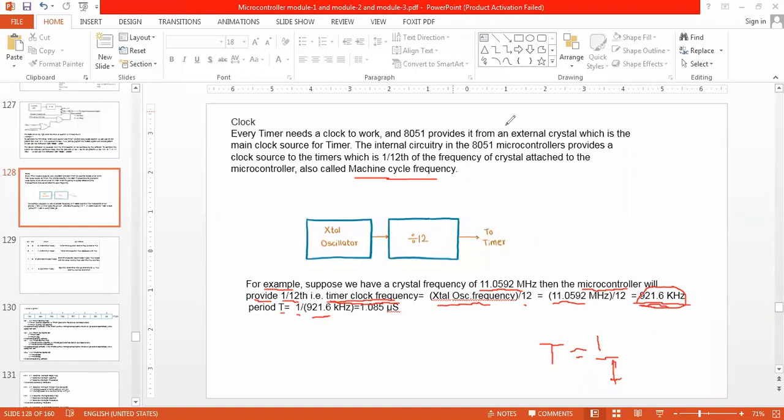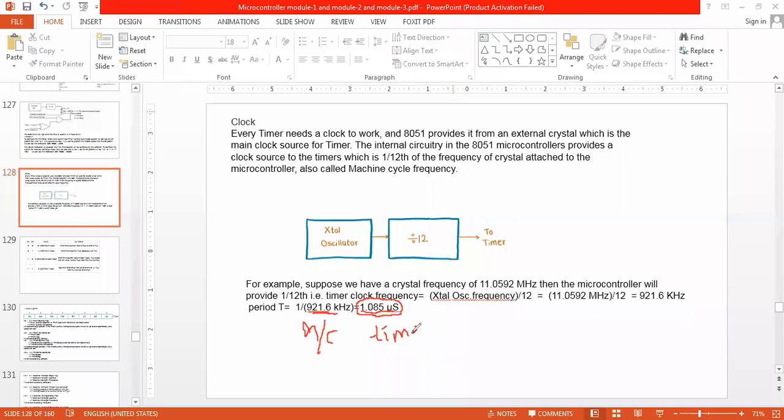How much do we get here? 1.085 microseconds. Okay, so this is my machine cycle, or this is the time period.